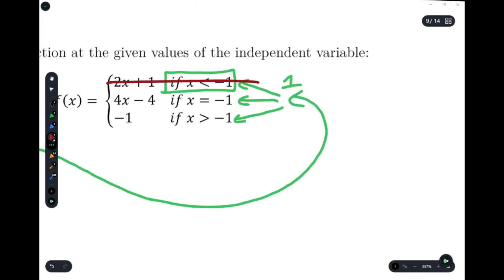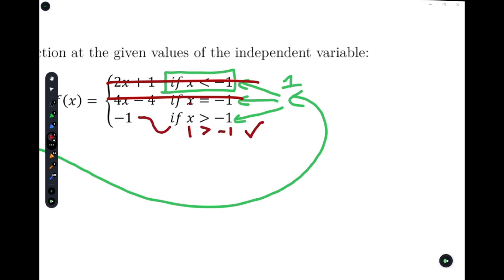Watch this. Not even going to think about it for this problem. Does 1 sort with x equals 1? Yeah. Is 1 greater than negative 1? Yes. Sweet. So we plug it into here.